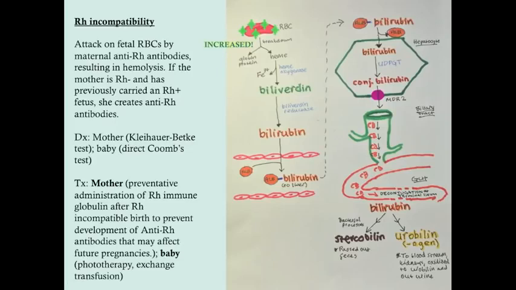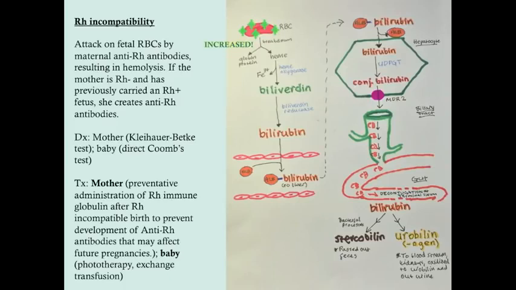Treatment, in the United States, you really should be treating this preventatively with good obstetrical care. This is part of any prenatal visit. You should be doing anti-Rh titers on Rh negative mothers, so that you know whether or not you need to administer Rh immune globulin, and that's going to help you prevent this from happening in future pregnancies.